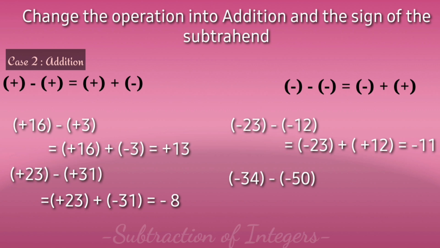Okay, let's change. So it becomes negative 34 plus positive 50. So the answer is positive 16, because 50 minus 34 is 16, and the sign of the greater number is positive.